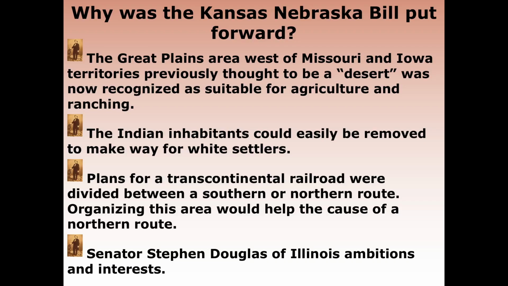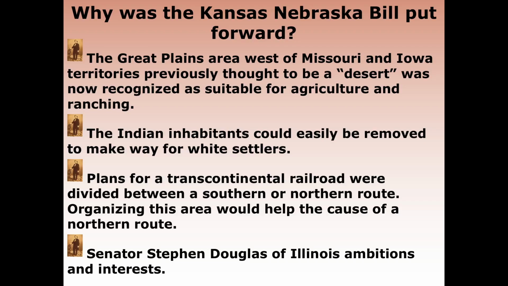So, organizing this area would benefit that future venture, and thus another reason to push the Kansas-Nebraska Act forward. And of course, Senator Stephen Douglas is like, if this thing is successful, then hello presidency. At least that's how he sees it in his eyes.